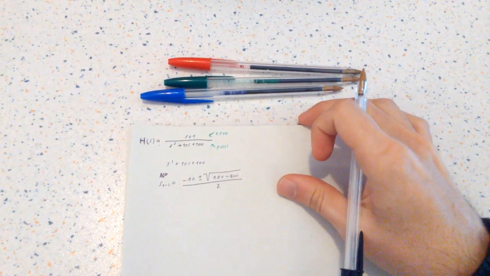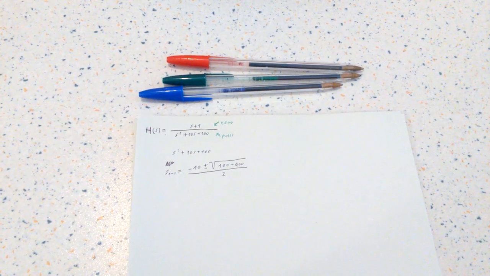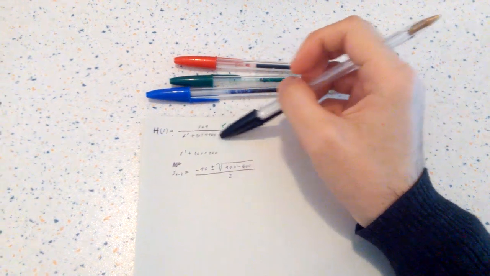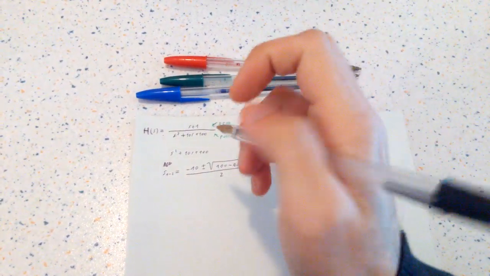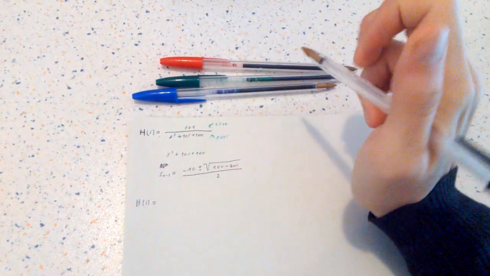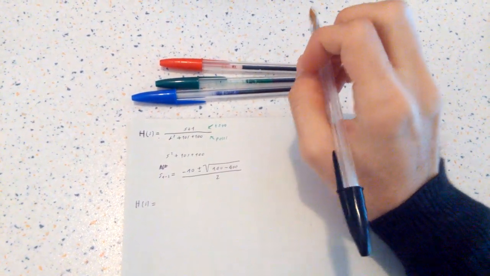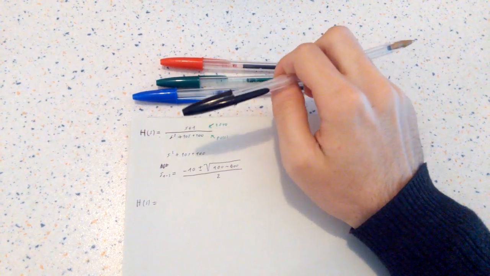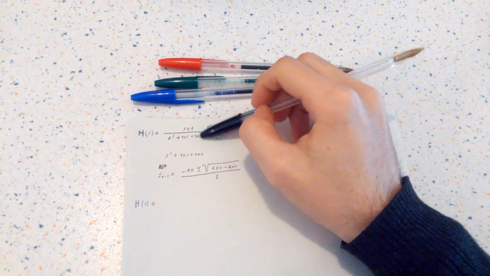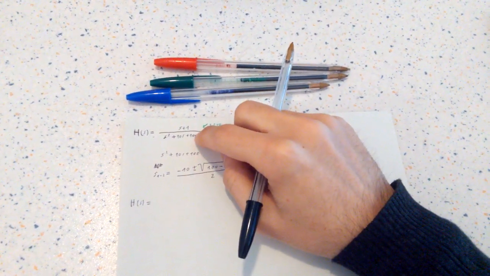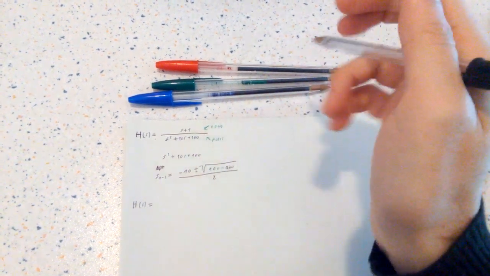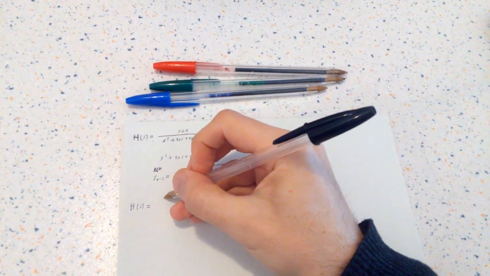So first things first, let's go back to H(s) and let's try to normalize the denominator. By normalizing it, I mean that I want to have something of s squared plus something of s plus 1 here. So essentially I don't want this 100 here. So I'm basically going to multiply and divide by 100. I can do that, it's not a big deal.